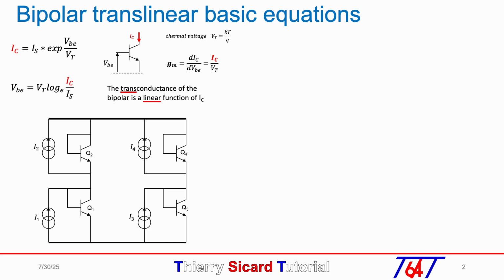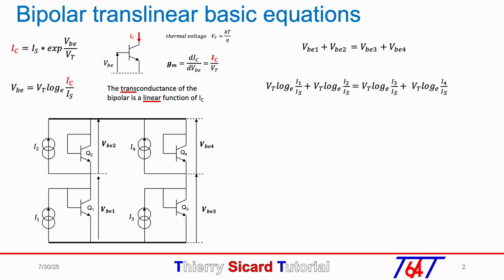It is obvious that VBE1 plus VBE2 is equal to VBE3 plus VBE4. Now, replace VBE with its equation VBE equals VT log IC over IS. We can simplify by removing VT from both sides of the equation.